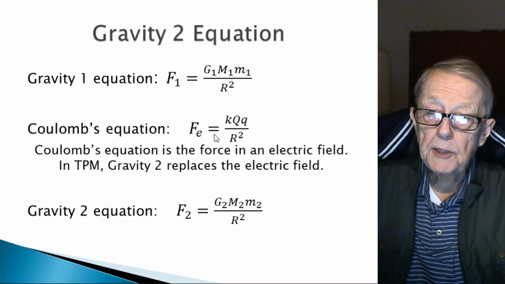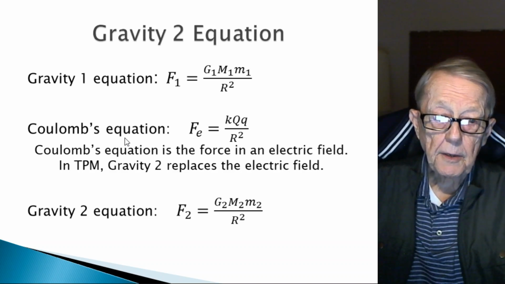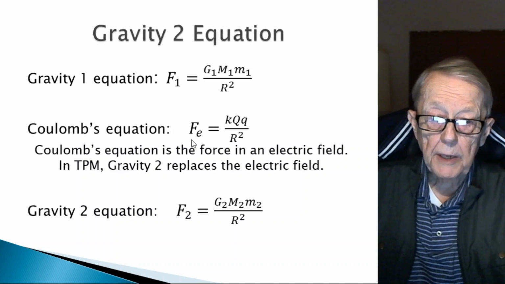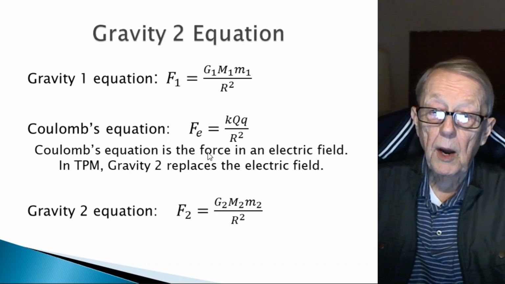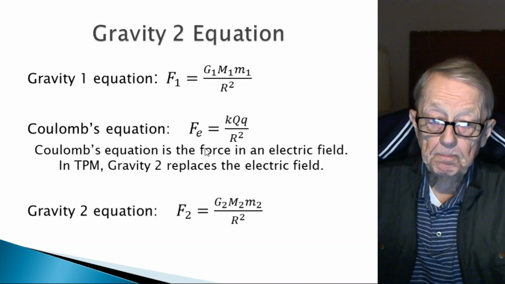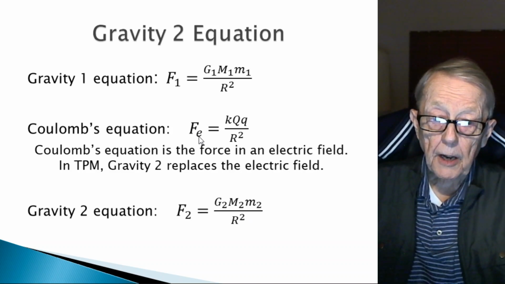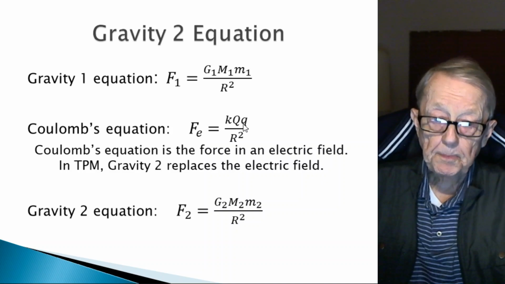Now, I mentioned this in another video, and it's Coulomb's equation, and we've looked at this equation many times and said, wow, that looks like gravity. And so I redrew Coulomb's equation: this is the force of the electric field on two charged particles.